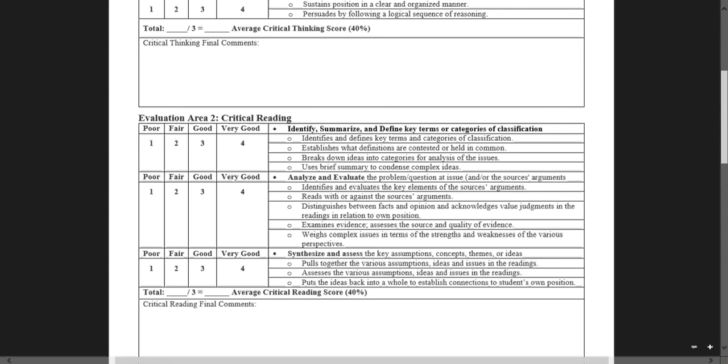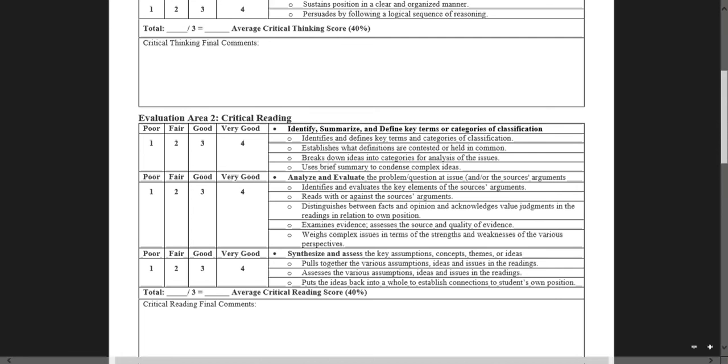This isn't the case in our reading set, but if the authors are disagreeing with each other, are you showing where their arguments lie? Examining that evidence that each author is giving and assessing how well you think it's working or not. And then are you weighing those issues back and forth? So a lot of these things are saying similar things to each other in slightly different ways.